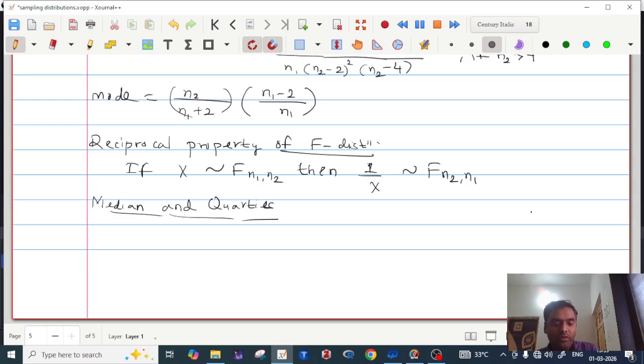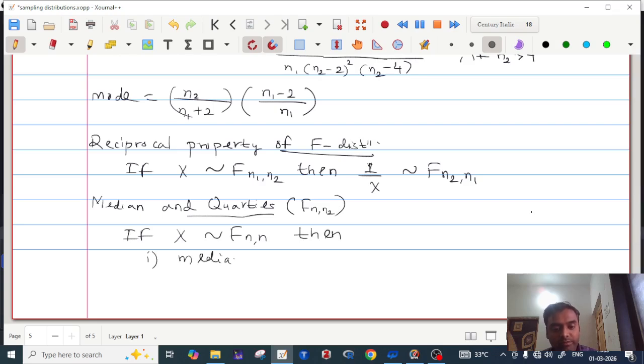Median and quartiles, for what? If X follows F with n comma n, that is, if n1 and n2 are both the same, then the median of the distribution is 1, and the quartiles are reciprocals of each other.